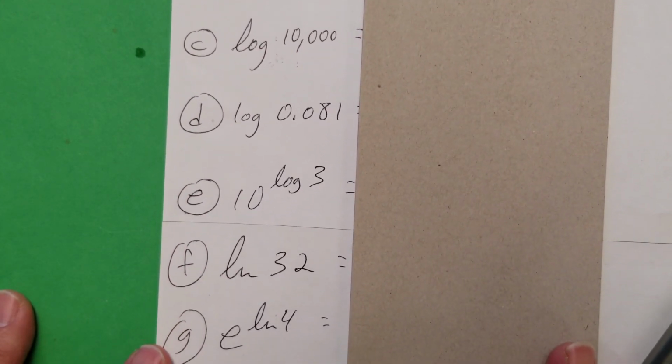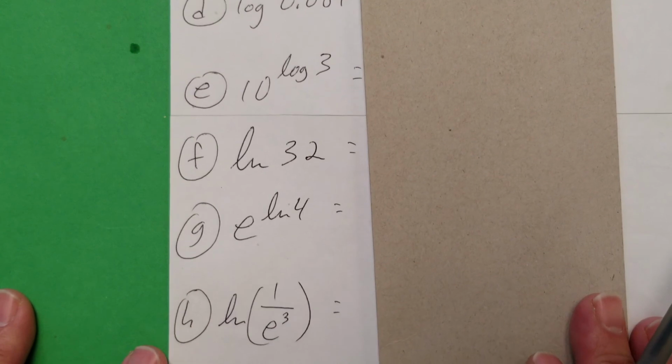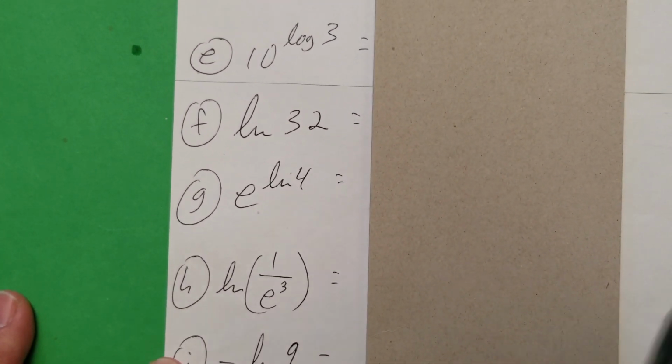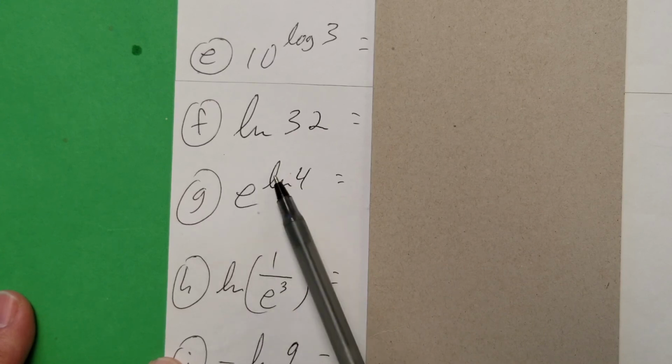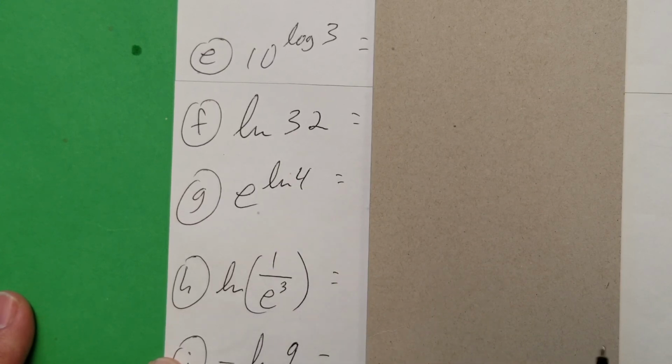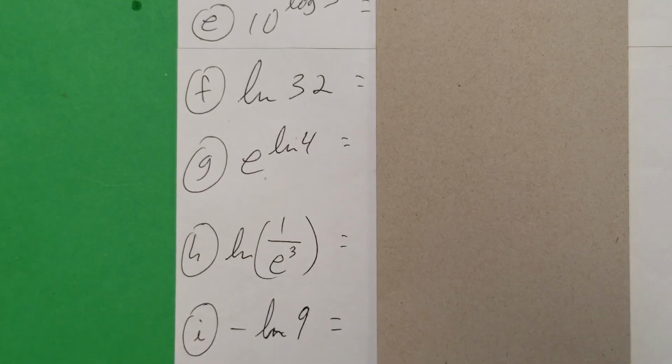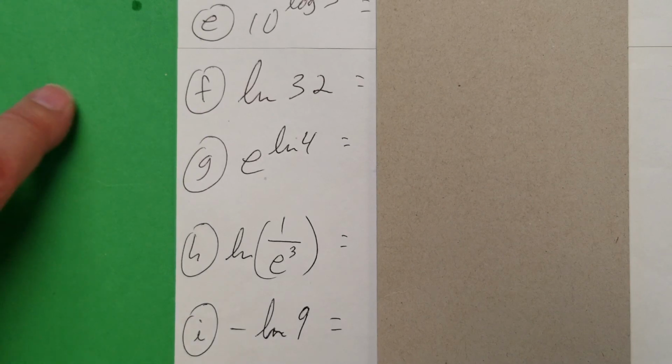So all of these, notice this cancels here, right? You can use a calculator for all of them, but if you look at the properties, some of them will save you time and you don't have to use a calculator.